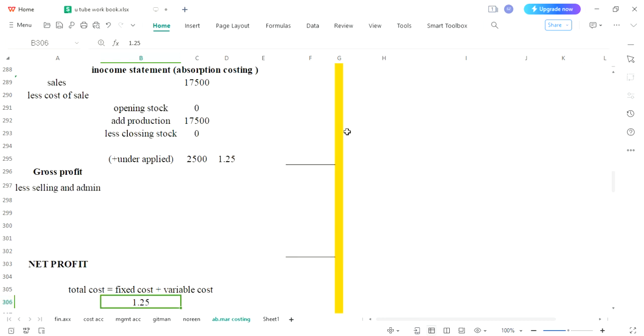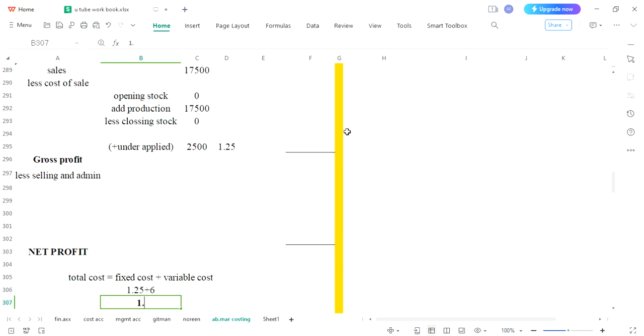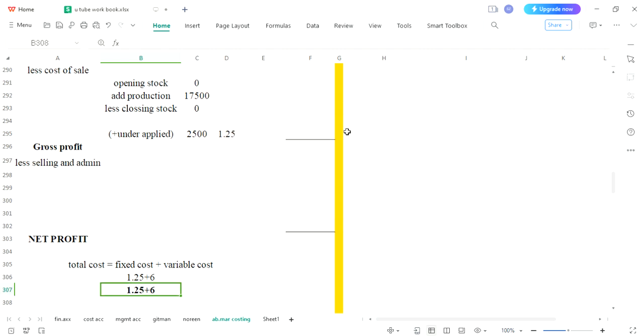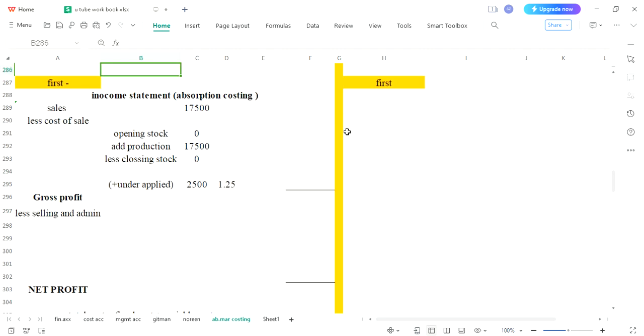So here you will put 6. The statement is completed. Now you need to put it on your calculator. So we have got our answer, that is 7.25. This is the total per unit cost.